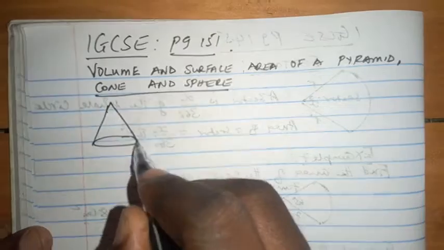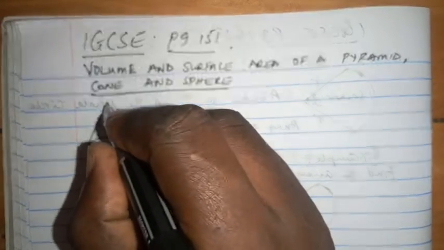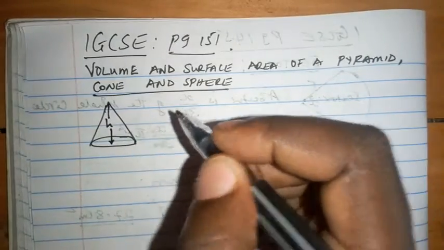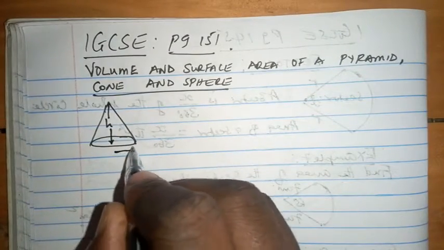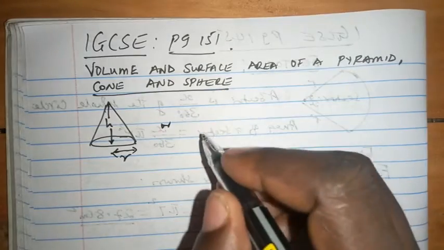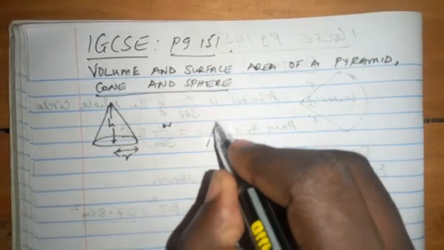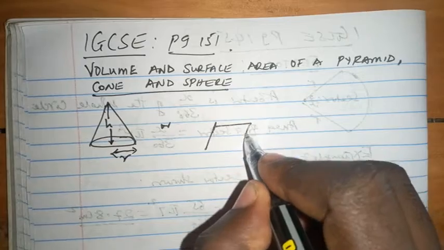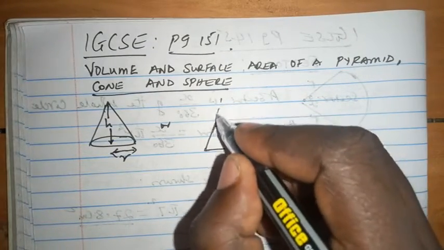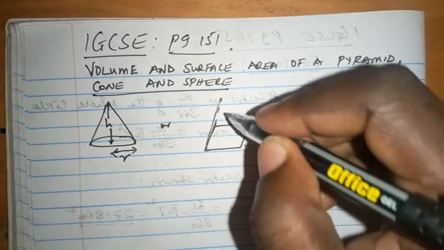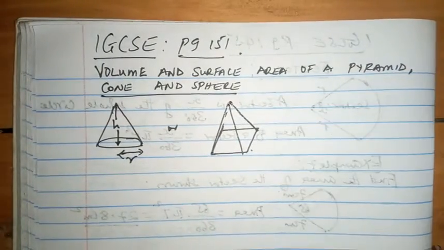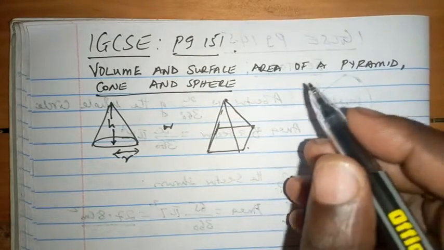There is the perpendicular height from the center of the base, and there is the radius. It can also have a rectangular or a square base. That is another shape of a pyramid.